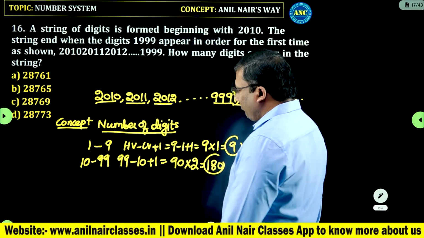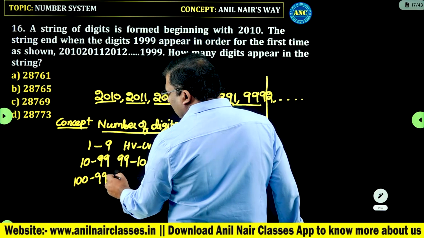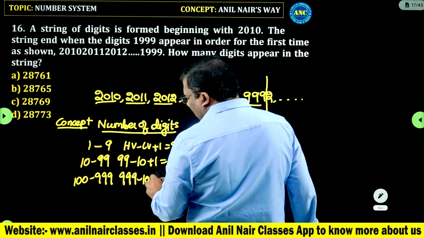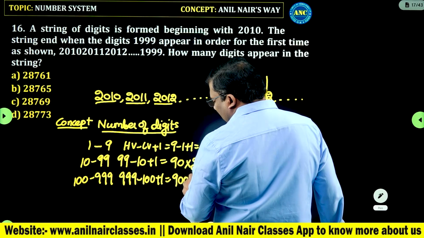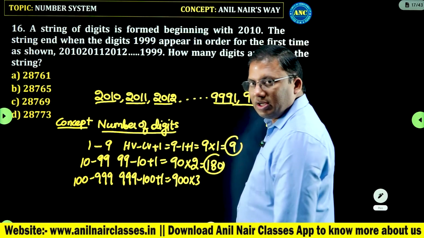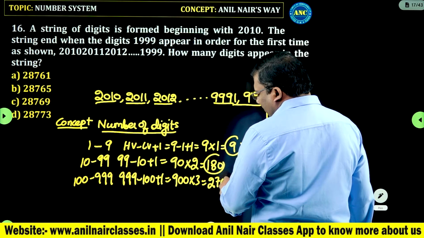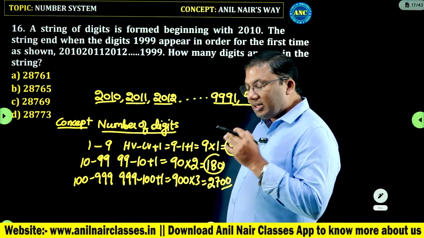That means 100 to 999: highest minus lowest plus 1. Total 900 numbers are there. Every number has 3 digits. So it is 2700. This is how you determine the number of digits if they are written in serial order.